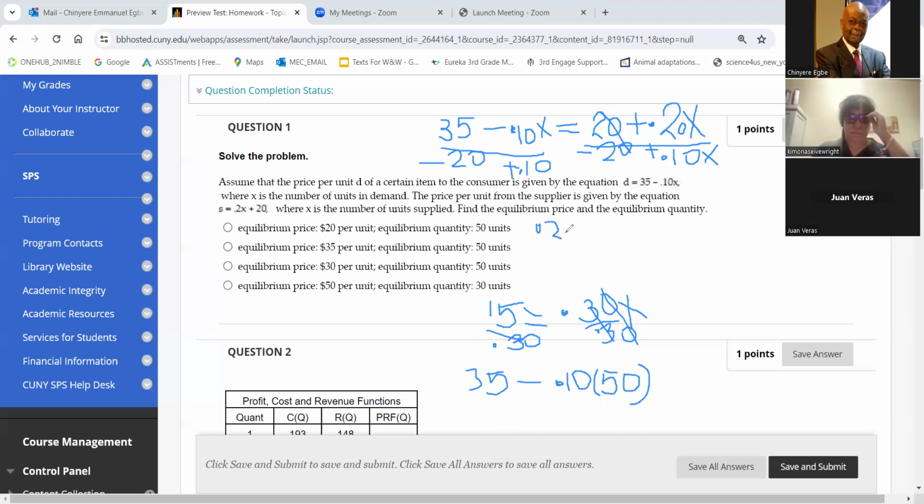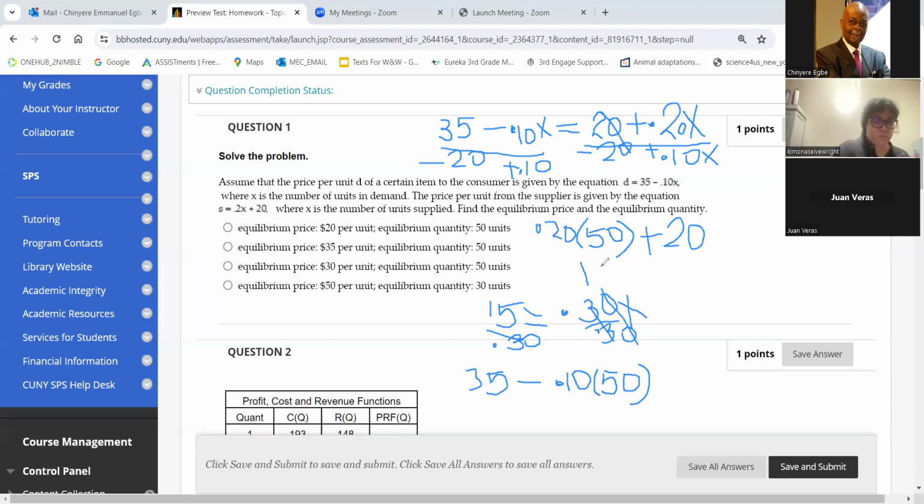Let us solve the other equation. 0.20 times 50 plus 20. What is 0.20 times 50? 10.